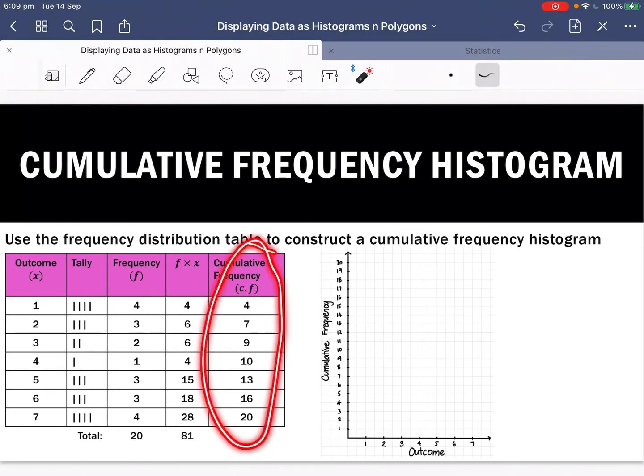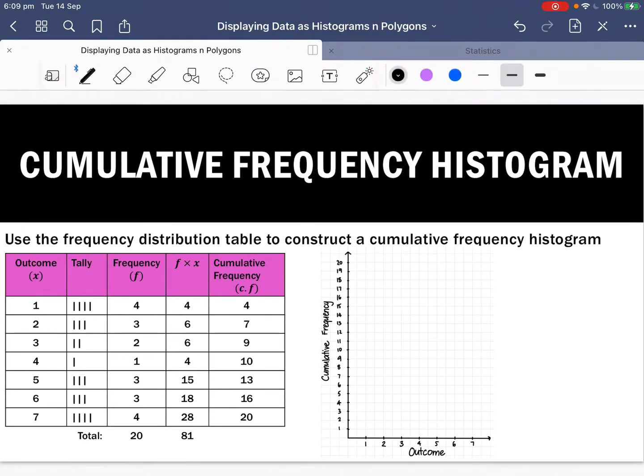We're looking at our cumulative frequency column, and we're going to use that column and our outcome column to create a histogram. Our first outcome of 1 has a cumulative frequency of 4. We still leave our gap between the columns, and so we're going to do 1 up to 4.